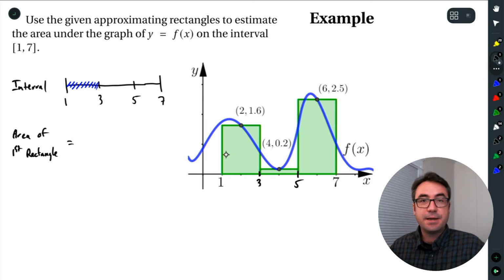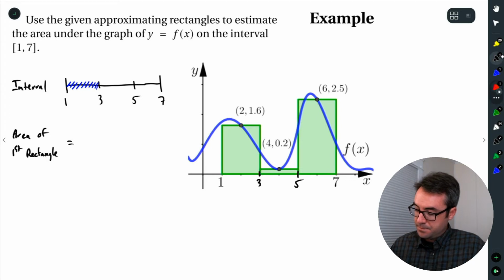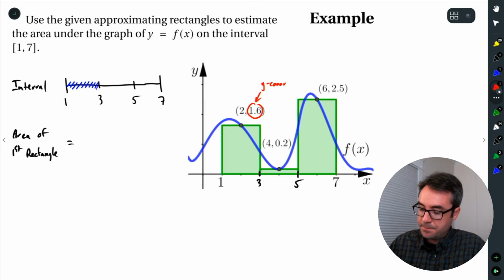Well, it's just height times width. So we need to know, what is the height of this first rectangle? And we can see the height is given by the value of our function. So you can think of this as the y-coordinate. But another way to think of it is this is the function value.